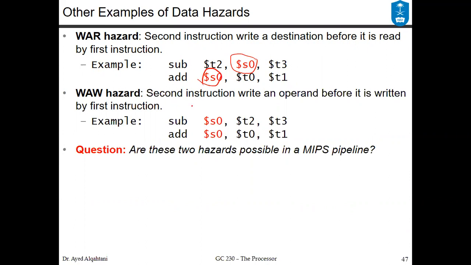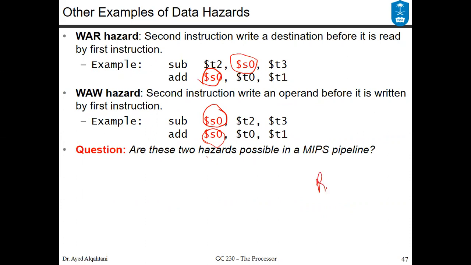For the WAW hazard, the second instruction writes an operand before it is written by the first instruction. So this is write after write, and you can see in this example, you write to S0, and then in the next instruction, again, you write to the same S0. So this is write after write.